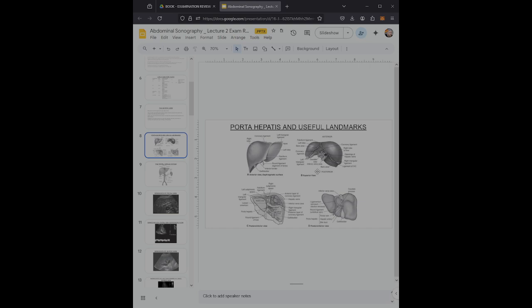Two readily identifiable ligaments in the liver are the ligamentum venosum and the falciform ligament. So in utero, the umbilical vein supplies the fetus with oxygenated blood, and the umbilical vein travels to the liver, and this umbilical vein bifurcates into a left and right branch.